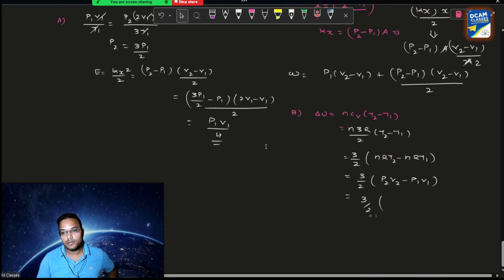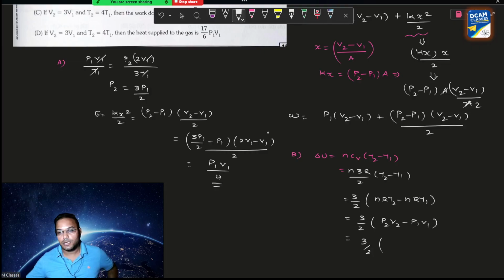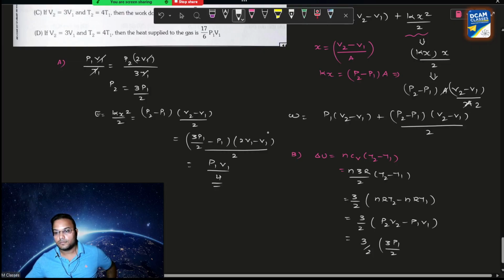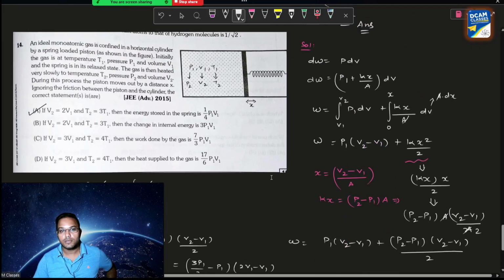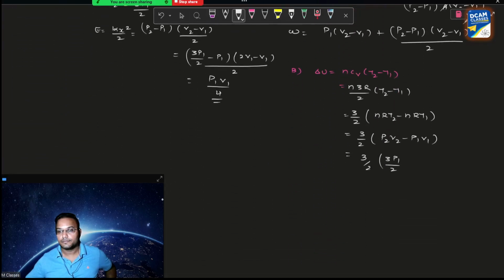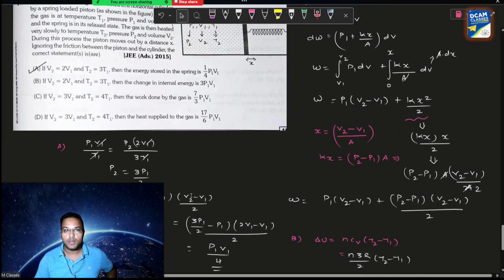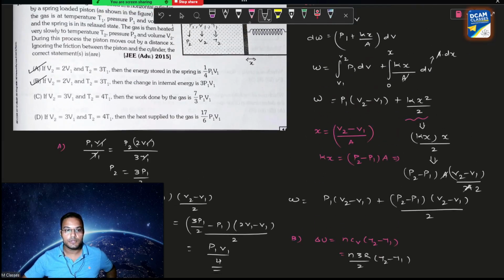They are asking in terms of P1. P2 is 3P1 by 2 and V2 is 2V1. So 3 by 2 into 2 P1 V1, which is 3 P1 V1. I'm getting it correct. It means option B is also correct.